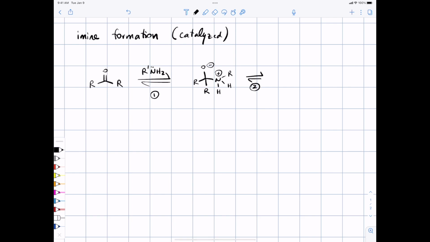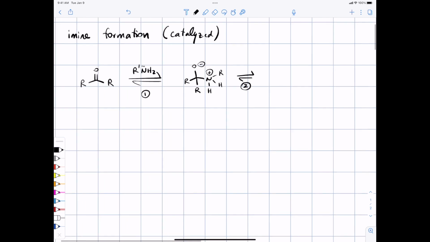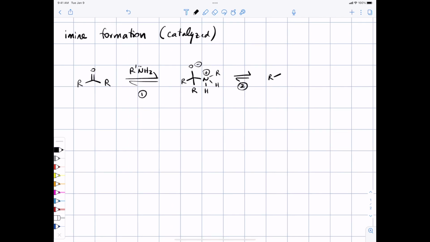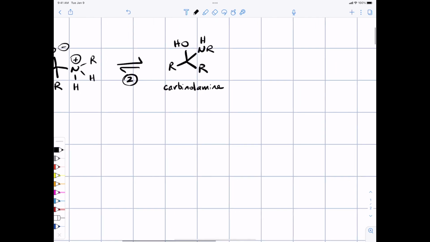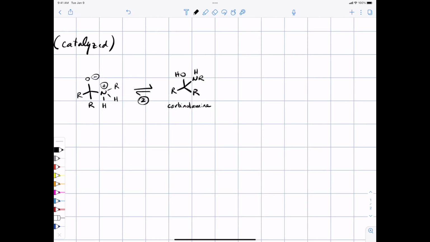Step 2 is basically proton transfer to get you this carbinolamine, which is basically a hemiacetal, except you're using an amine instead of an alcohol. The next step is the one that requires acid catalysis.